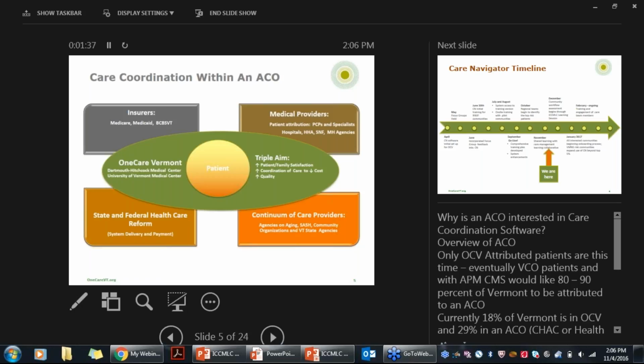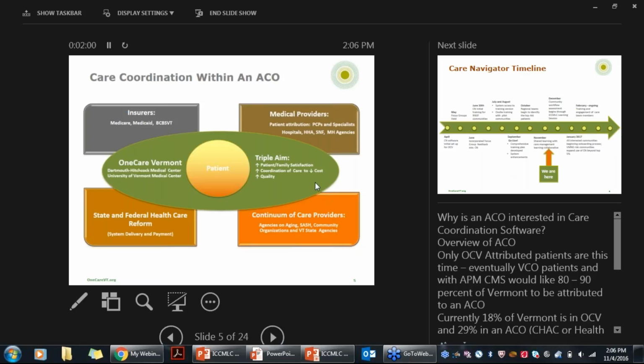At this point, in Care Navigator, the population is only OneCare Vermont, which is 116,000 patients. That's 18% of Vermont's population. When we include CHAC and Health First, that's 29% of Vermont's population that will be in Care Navigator.